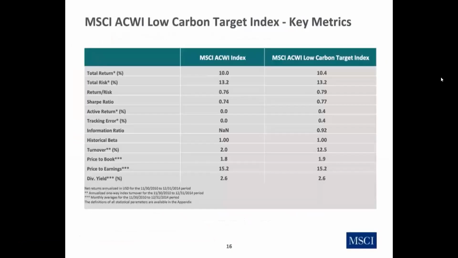Looking at additional statistics, we can also see that the MSCI ACWI Low Carbon Target Index has exhibited similar risk and a slightly higher Sharpe ratio. Certain valuation ratios, such as price to book, price to earnings, and dividend yield, are also all similar to that of the parent benchmark.